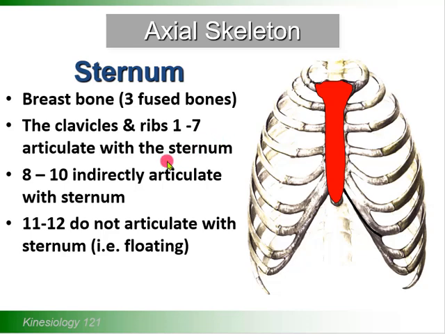while ribs 8 to 10 indirectly articulate with the sternum, so they unite with a single bar of cartilage.